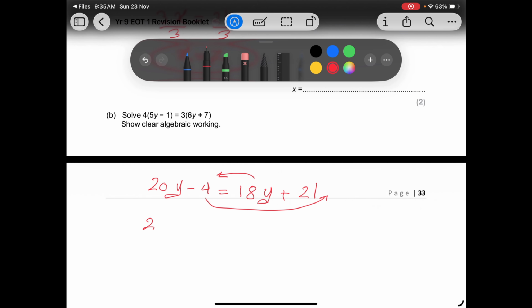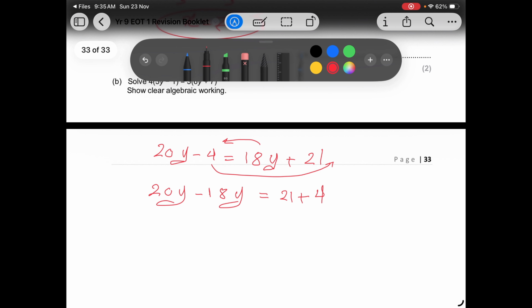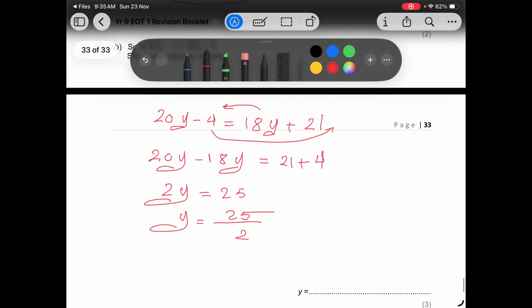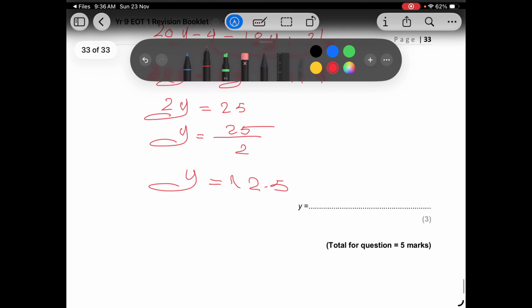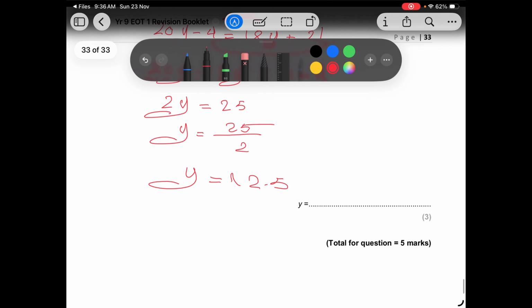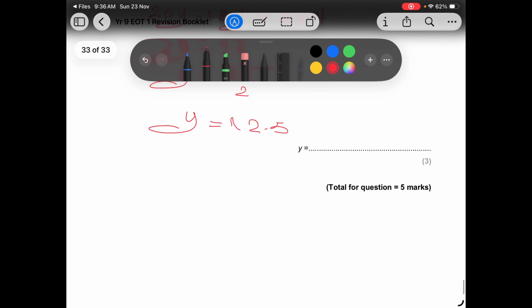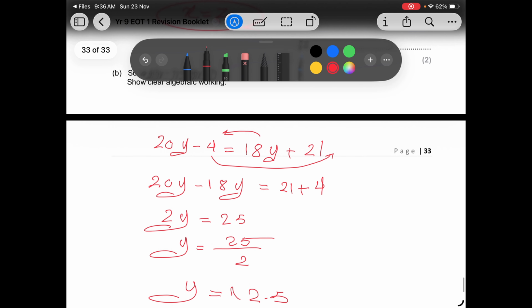It will be 20y minus 18y equals 21 plus 4. So here it will be 2y equals 25. Then y will be 25 over 2, same as 12.5 in decimals.